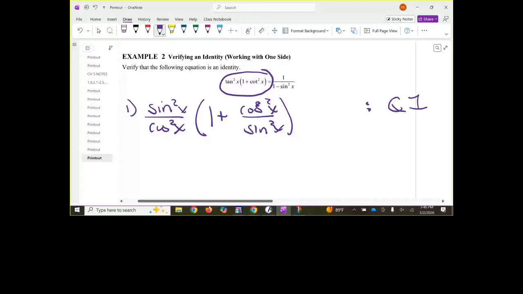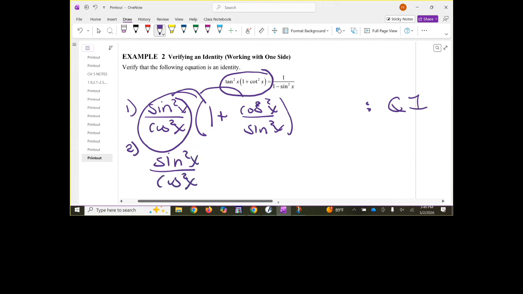Let's try doing some multiplying. Let's take this guy here, and distribute. So we're going to have sine squared x over cosine squared x plus sine squared x cosine squared x over cosine squared x sine squared x. All we did is multiply.